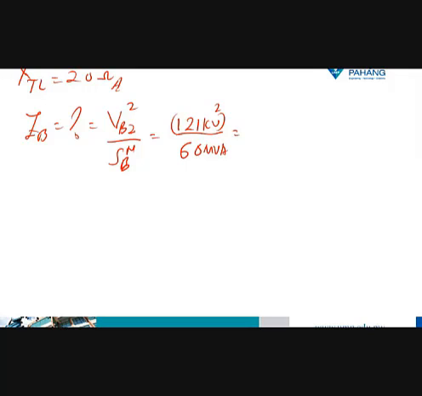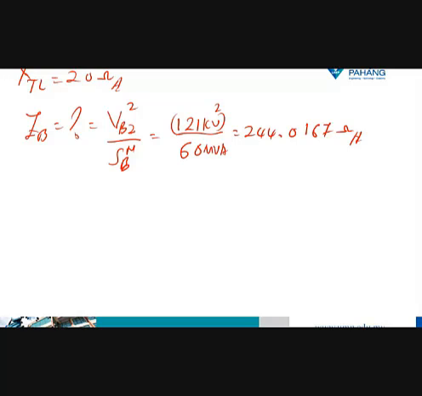So we will get Z base: 121 kV square over 60 MVA, which is 244.0167 ohms.